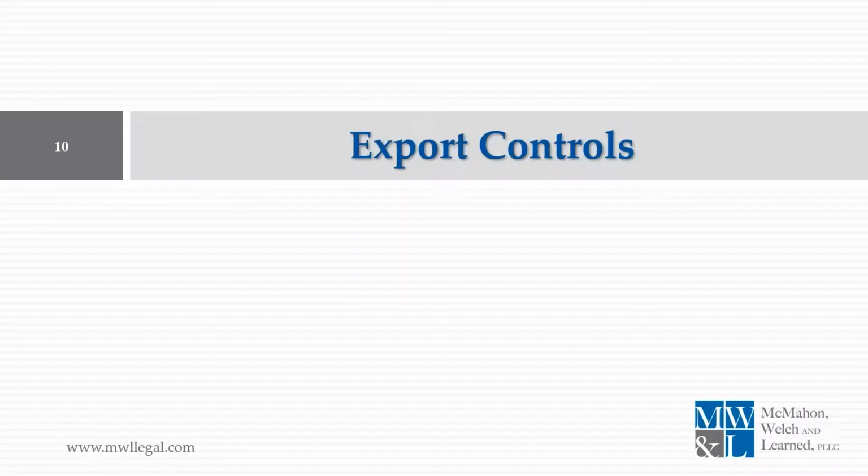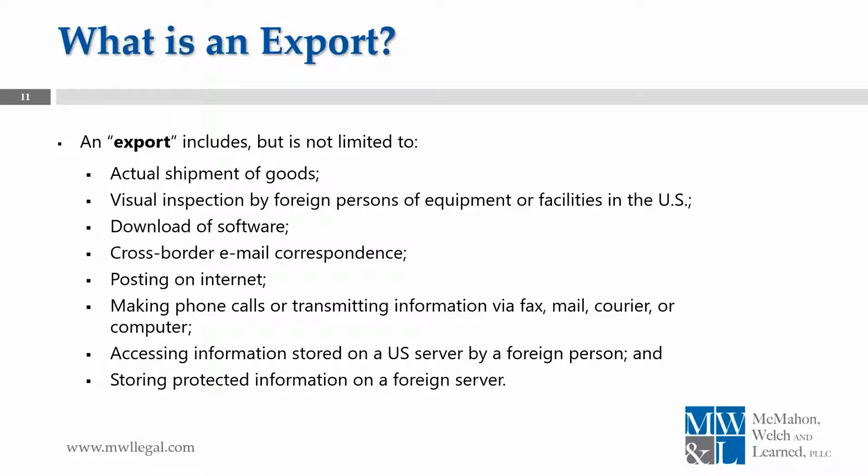Export controls. So what is an export? Most people never get past the actual shipment of goods, but in fact, it's a lot more than that. It can be a foreign person looking at something that is export controlled, or downloading software in a foreign country. By the way, that also means if you're uploading software to the internet where it can be downloaded in another country, you have exported, whether someone has downloaded it or not.